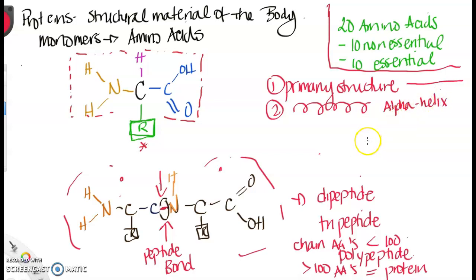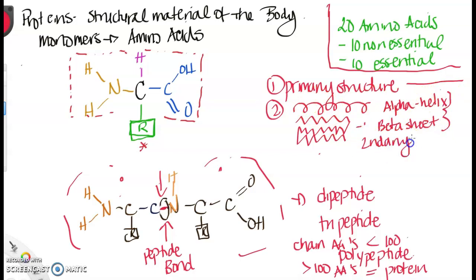And that's what's called a secondary structure. Okay? We can also form them into sheets, and this would be called a beta sheet. Both of these are secondary structures of a protein.